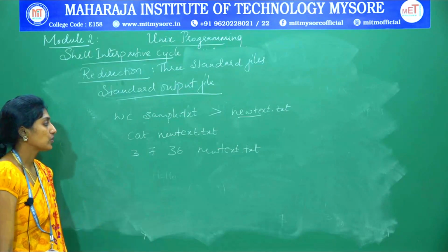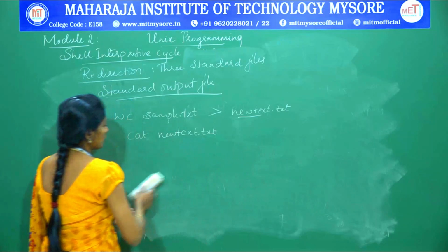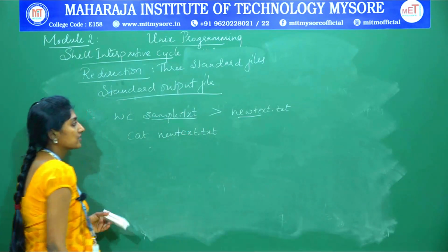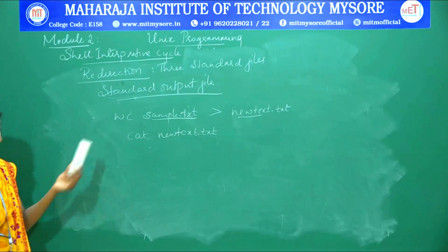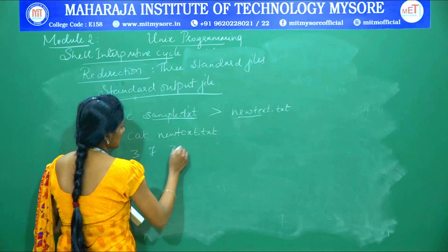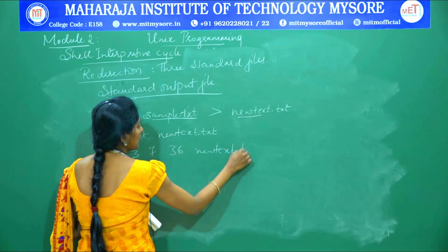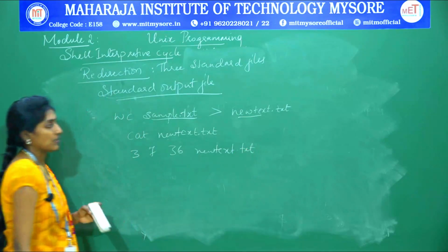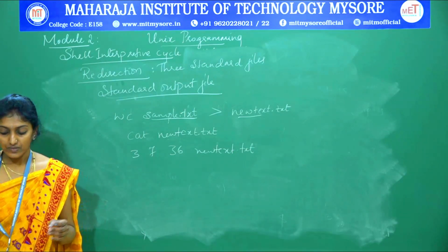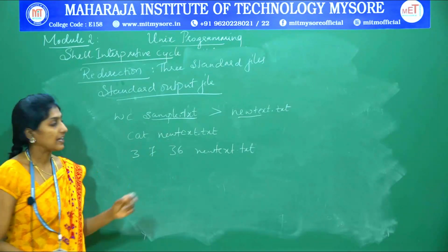Sorry, this is not the output; you will get whatever content you had in sample.txt displayed here. That is 3, 7, 36 with new text.txt.